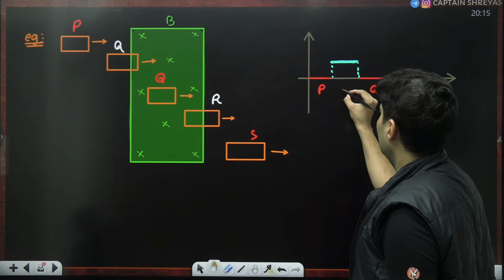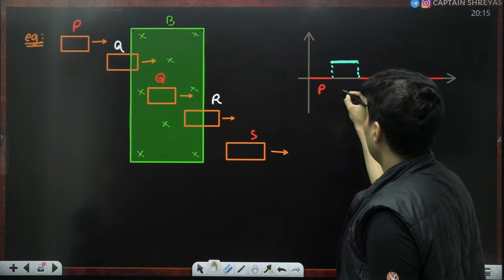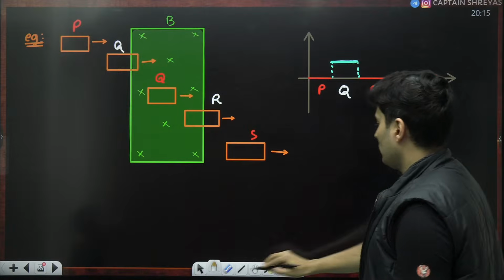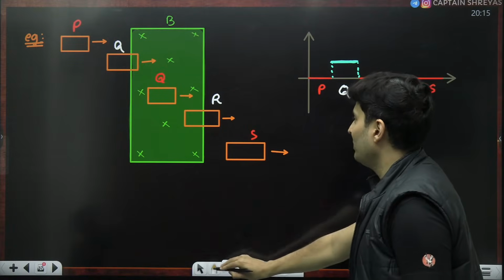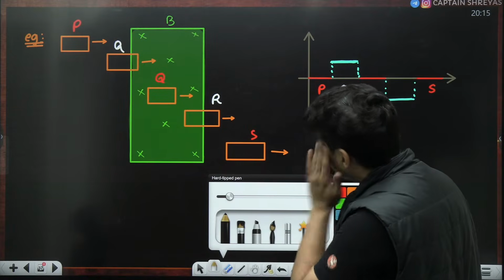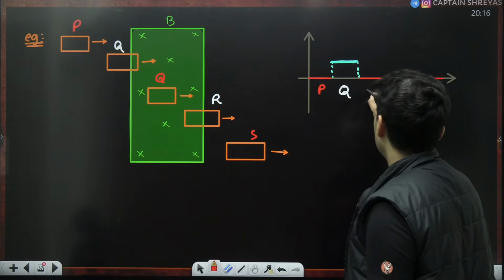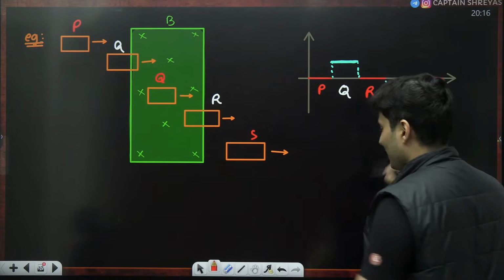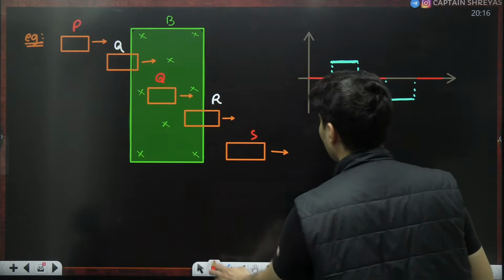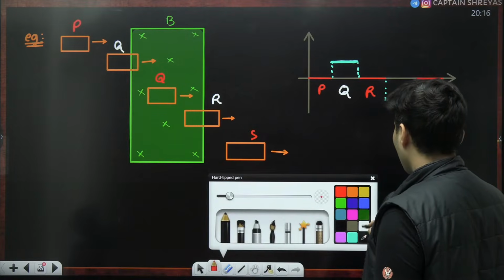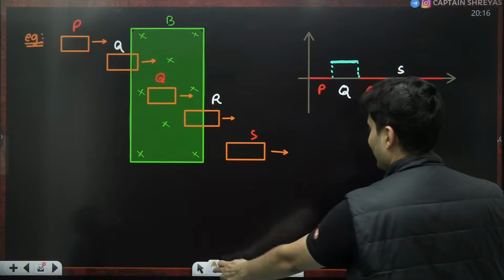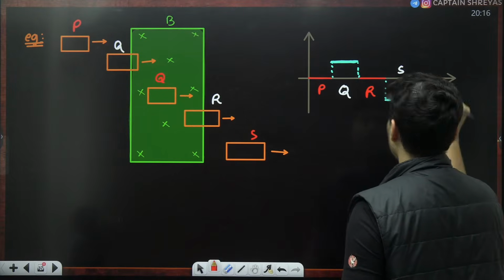So this is at P, Q, sorry guys, I wrote Q 2 times, my bad. What did I even do? P, Q, R, and I think labeling went wrong. P, Q, R, S, and this was supposed to be T, I believe.